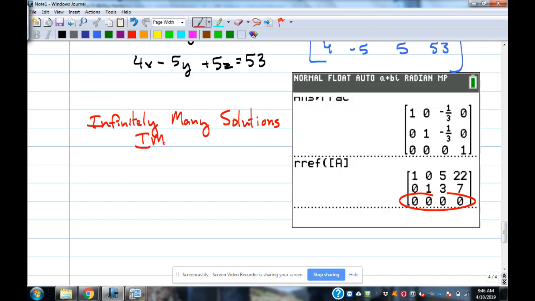We can abbreviate that IMS if you want to, as you're doing your practice or on the quiz. IMS is fine. Also, remember that means consistent and dependent.